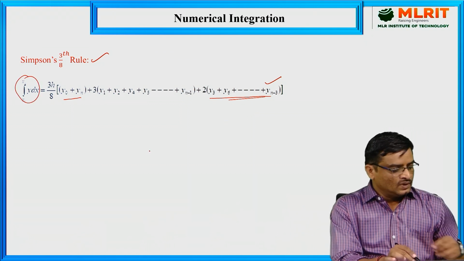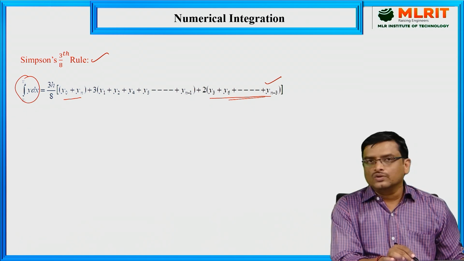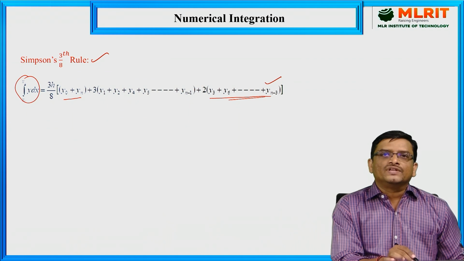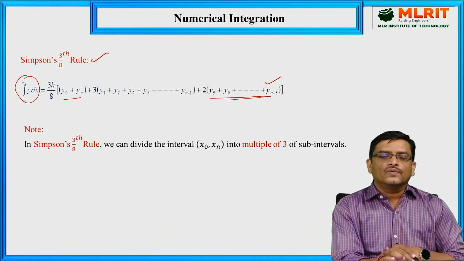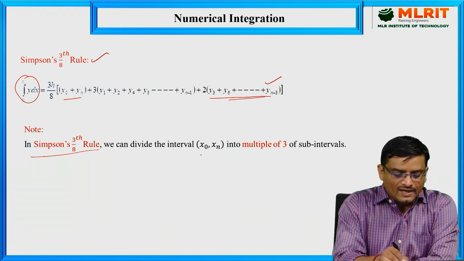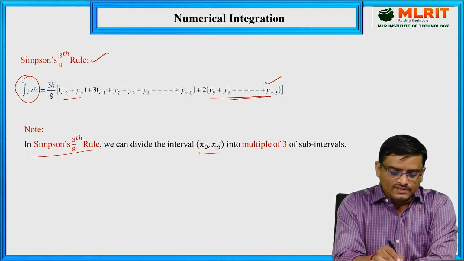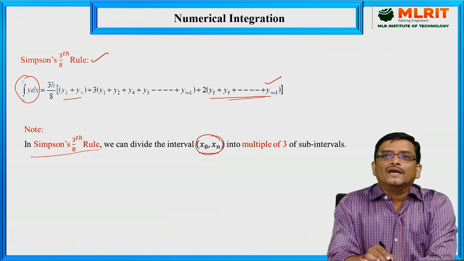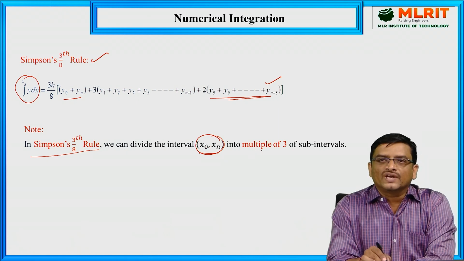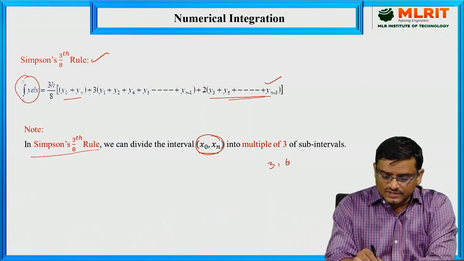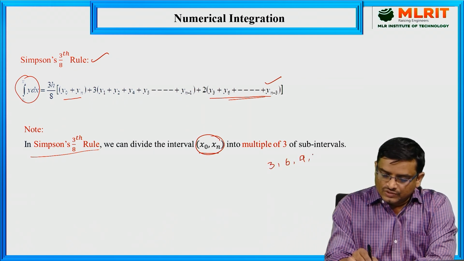In Simpson's 3/8 rule also, we have a condition with respect to the number of subintervals. We have to divide the interval x0 comma xn only into multiples of 3 subintervals: 3, 6, 9, 12, 15 and so on.